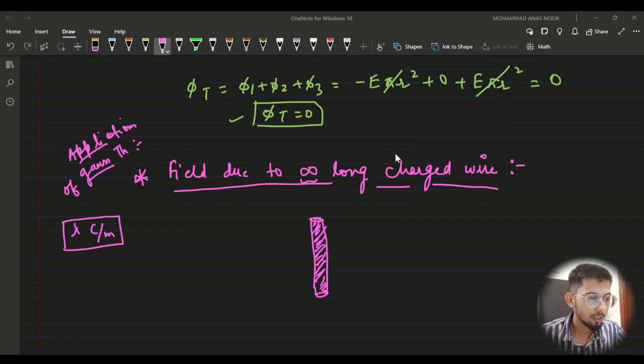So this is assumed to be infinite. Now what we will do is assume a surface like this.